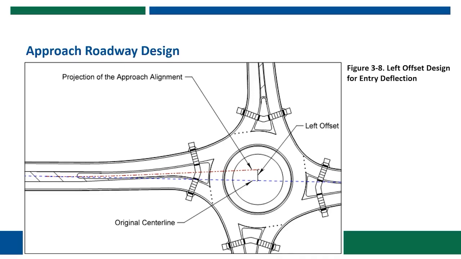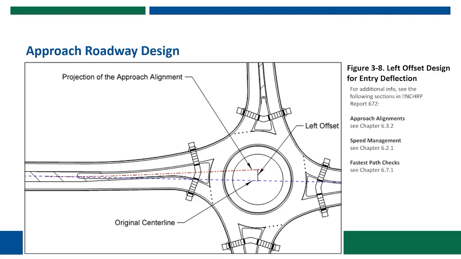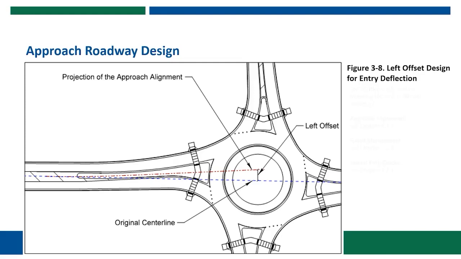GDOT recommends offset left approach alignments to promote gradual speed reduction and yielding at the entry. Offset left alignments typically deflect entry paths and help to achieve slow entry speeds. For additional information on offset left design, see NCHRP Report 672, Sections 6.2.1 and 6.7.1.